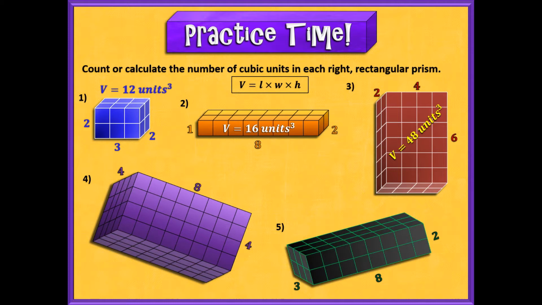That's a big one. So if we were to write it out, it would be a length of 8, a width of 4, and a height of 4. So that'd be 8 times 4, which is 32, and 32 times 4 is, drumroll please, 128 cubic units. Now this one's labeled a little bit different.